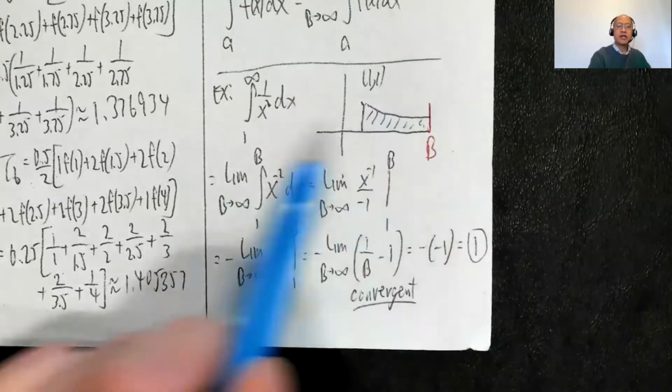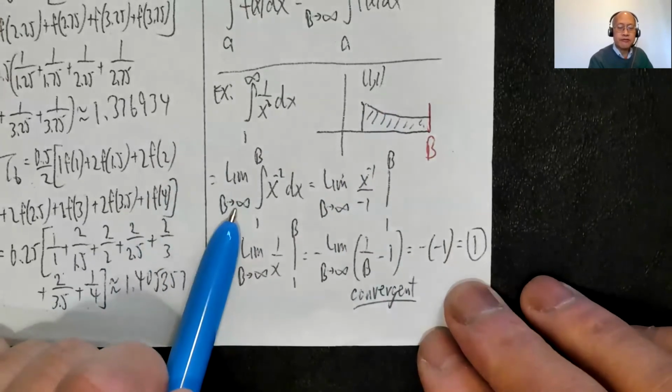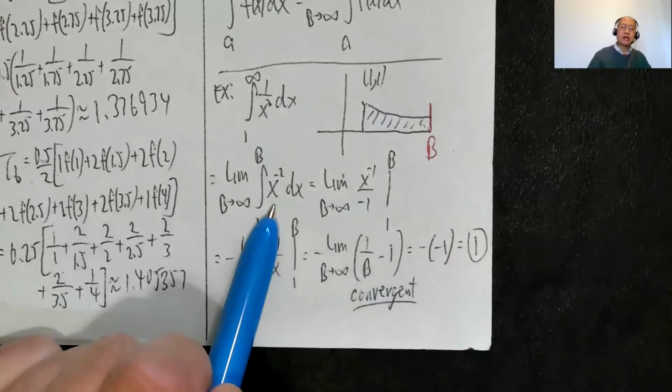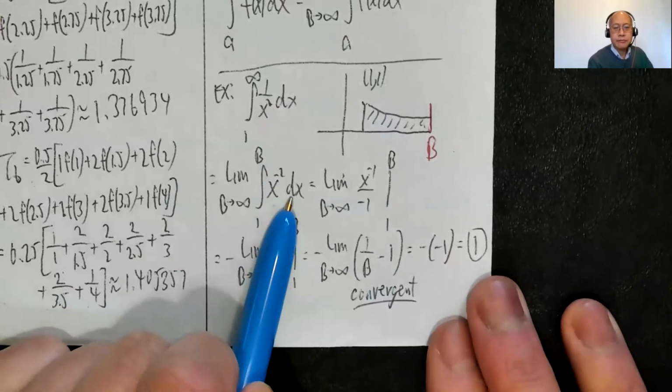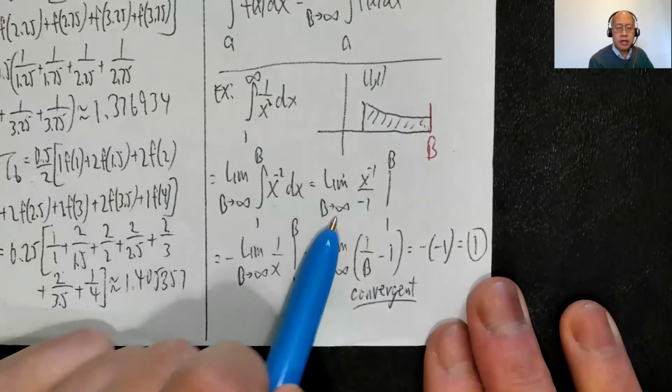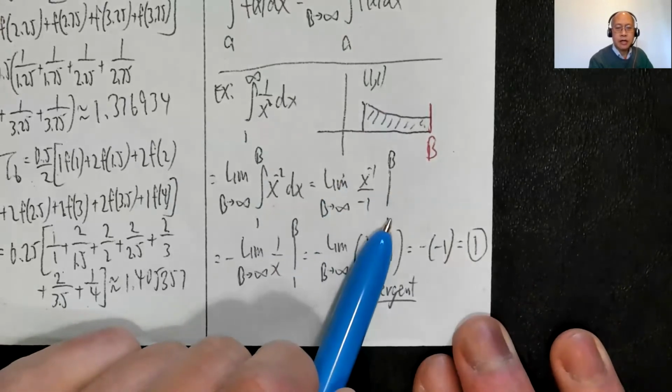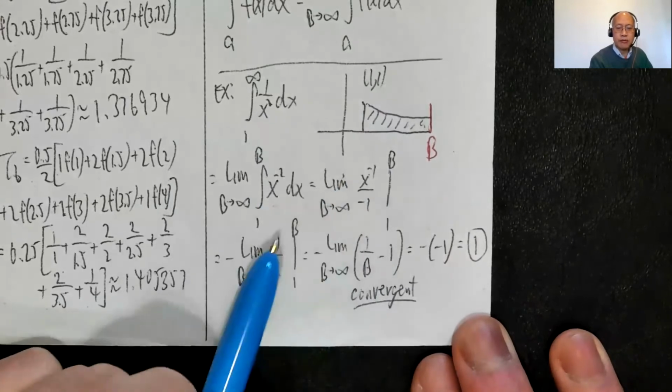Okay, so by definition, I take the limit as b approaches infinity of the integral from 1 to b of 1 over x squared, which is x to the minus 2 dx. So the limit as b approaches infinity of the antiderivative, x to the minus 1 over minus 1, from 1 to b. Take out the negative, that's 1 over x.